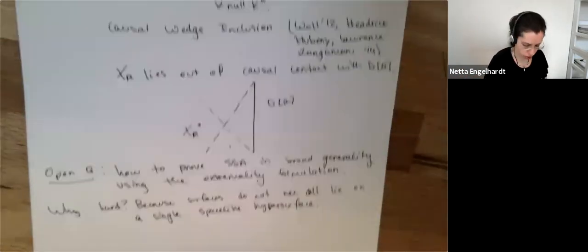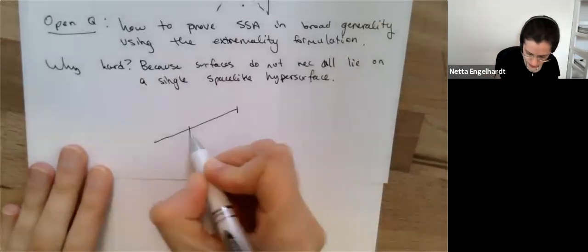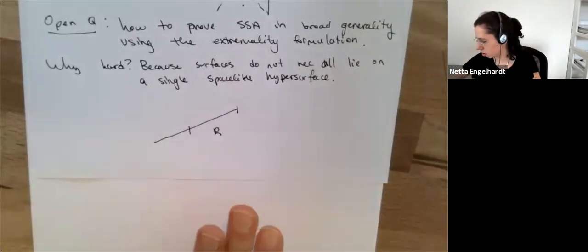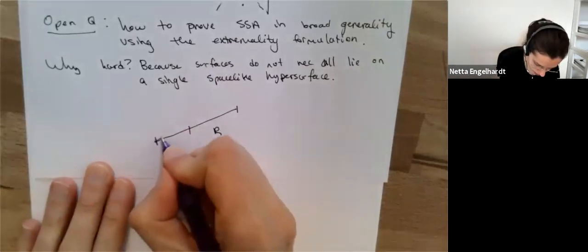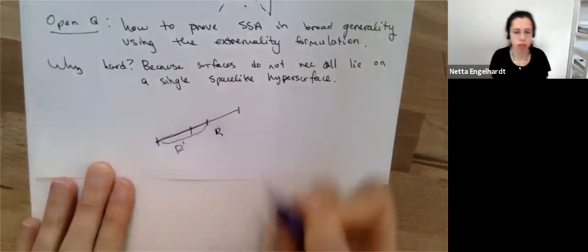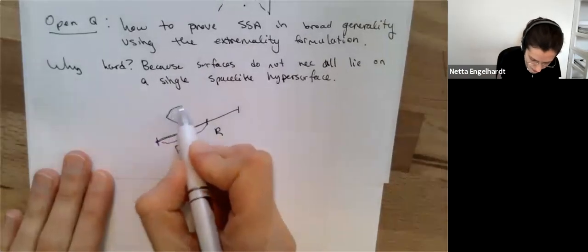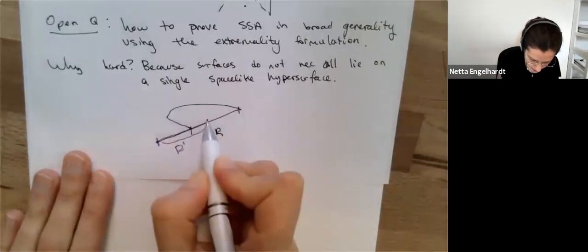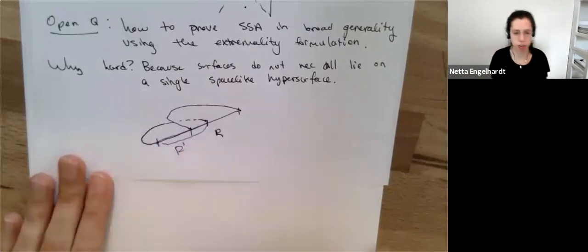I mean, let me just draw a quick picture here. So if you imagine here's a boundary region R, and we have another boundary region R prime. Then we have this extremal surface of R, and this one might be lying somewhere like that, bending further in.